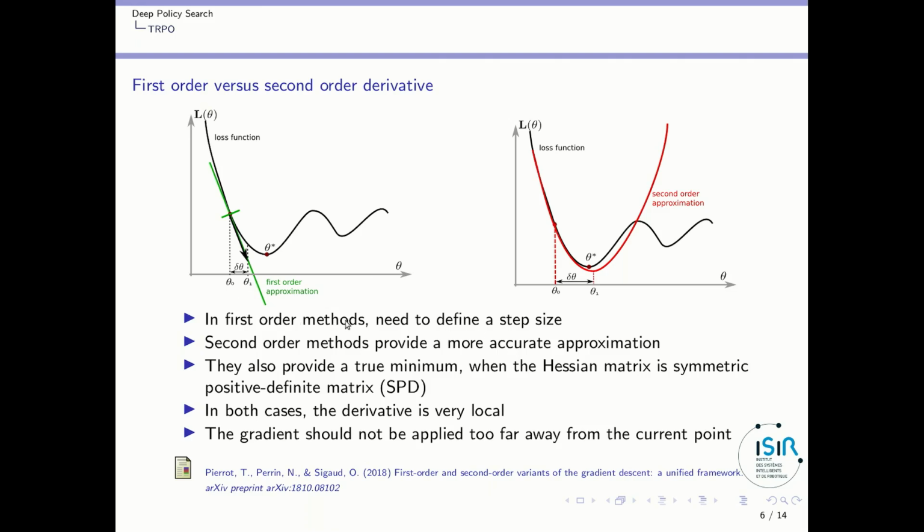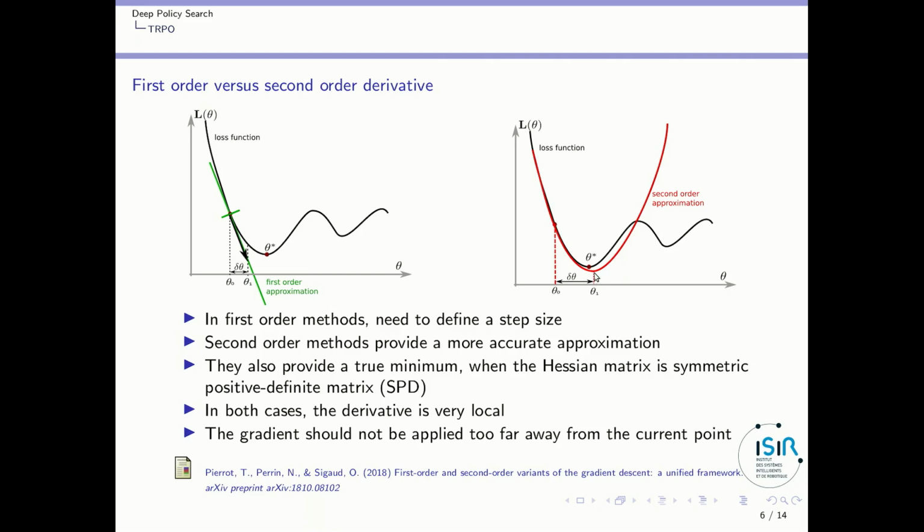In the first order method, you need to define a step size, because your gradient can still apply there, and you want to find a minimum, but there is no minimum along this line, so you will just define a step size and move no further than there. Whereas if you use a second order derivative, you get something like this, so you can find a minimum without needing a step size.